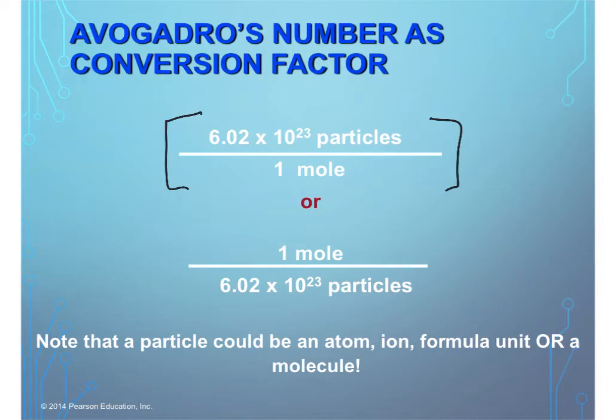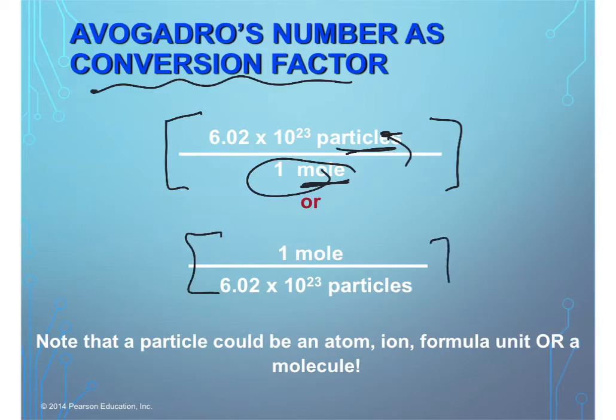So we need a conversion factor that takes us from a mole to particles, and you'll see later in this PowerPoint also from moles to grams, to mass. So if you remember back to when we introduced dimensional analysis, any type of conversion factor that takes us from one unit to another, in this case from moles to particles, or the other way, we arrange our equality as a ratio.